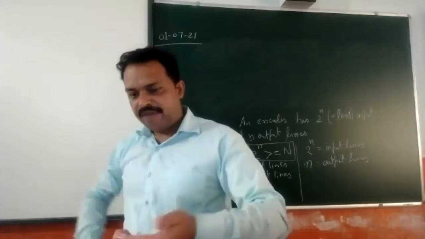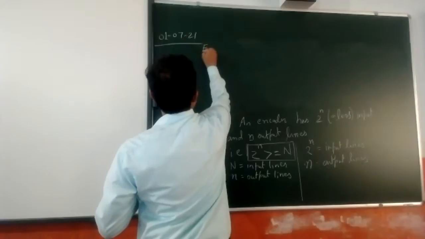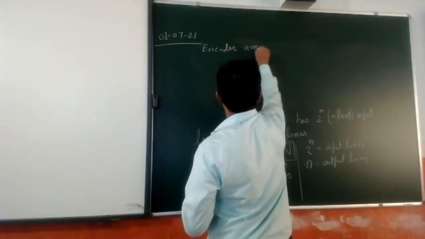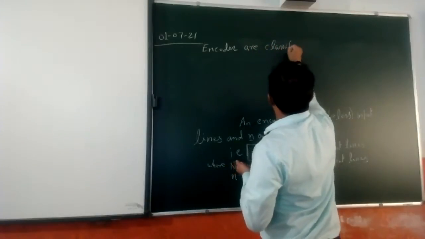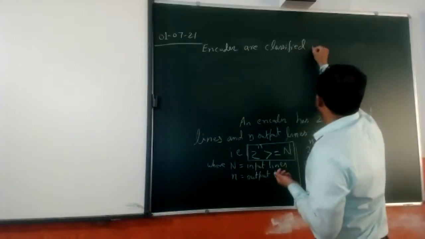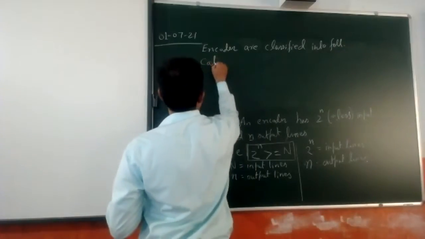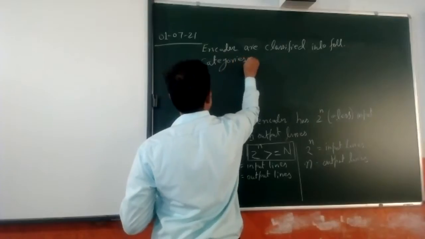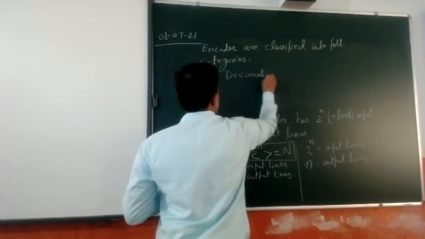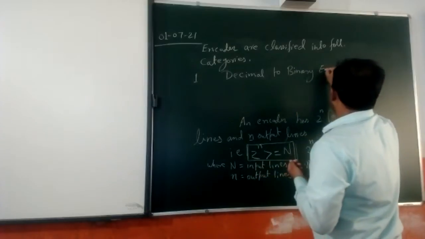Now after that write down: encoders are classified into the following categories. Number one, decimal to binary encoder.